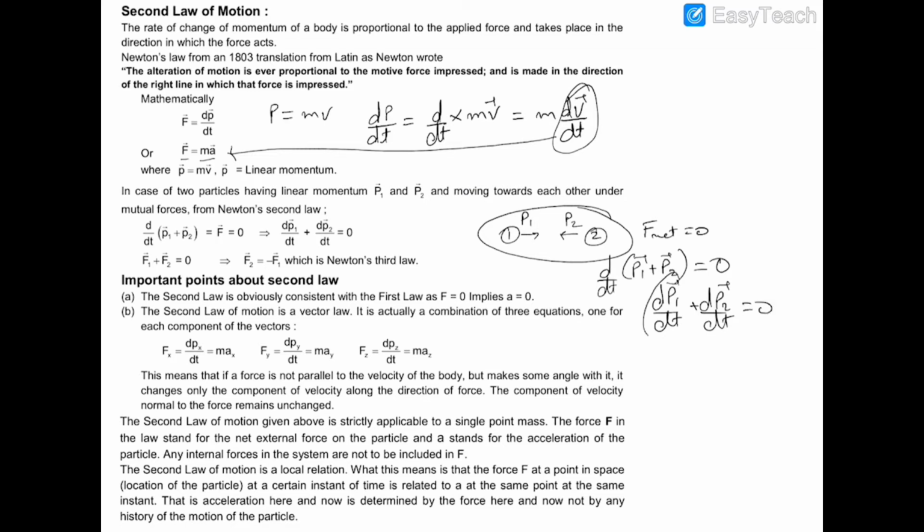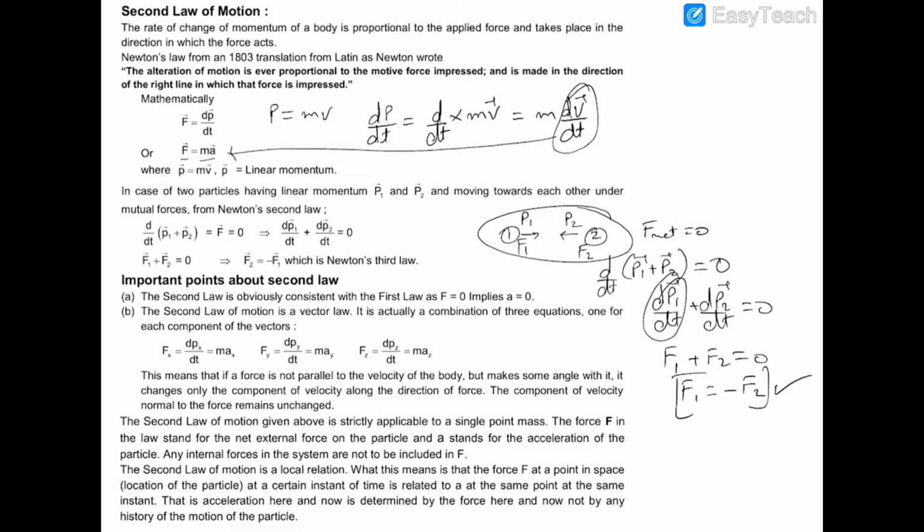Now dp1 by dt is the force acting on particle 1, F1, and dp2 by dt is the force acting on particle 2, F2. So F1 plus F2 will be equal to 0, and F1 will be equal to minus F2. Now these forces are acting internally on the particles, these are the internal forces of the system, and the net external force on the system is 0.